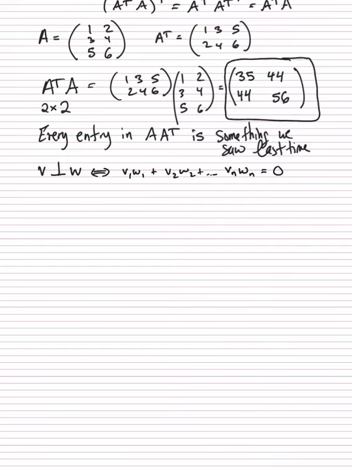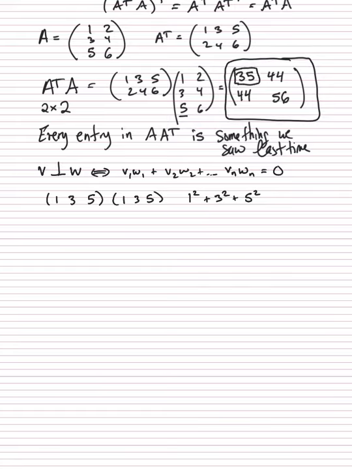If you look at 35, 44, 44, and 56, what you'll see is what you're checking for the vector 1, 3, 5 and 1, 3, 5. We got 1 squared plus 3 squared plus 5 squared, so that corresponds to this entry.